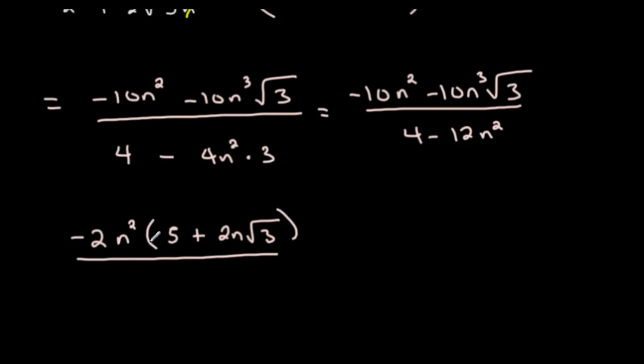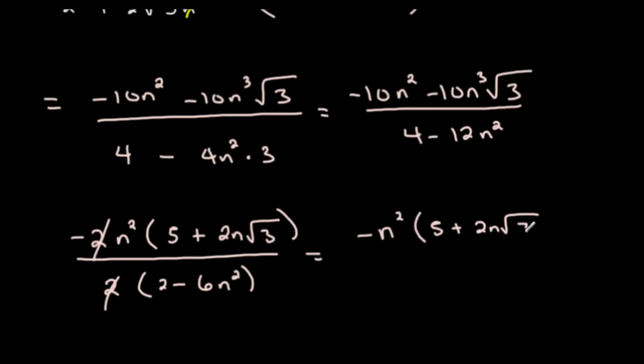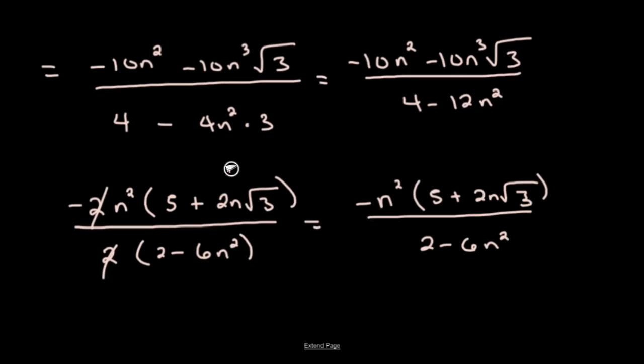I can factor out a 2, and I'm left with 2 minus 6n squared, and here I see my 2 simplify, and I'll be left with negative n squared times 5 plus 2n radical 3 over 2 minus 6n squared. So a correction on here, this should not be 2n. When I factor out the negative 2 here, this should be a 5n coming from this piece here.